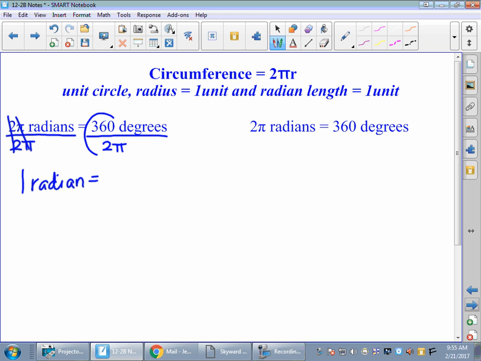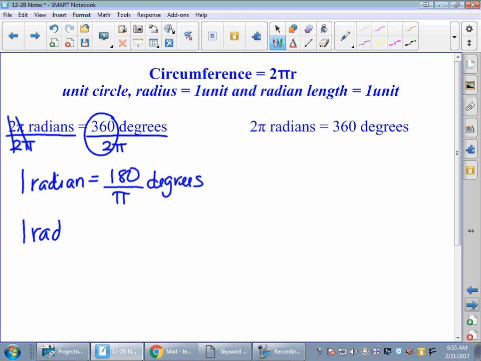Well, I can actually clean this up, and 360 divided by 2 ends up giving me 180 over pi. And that's how many degrees this is equivalent to. And when you actually divide that out, when you divide 180 by pi, you end up with 57.3-ish degrees.